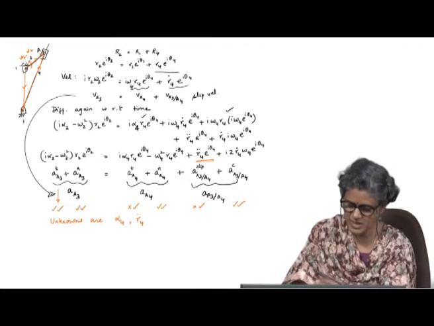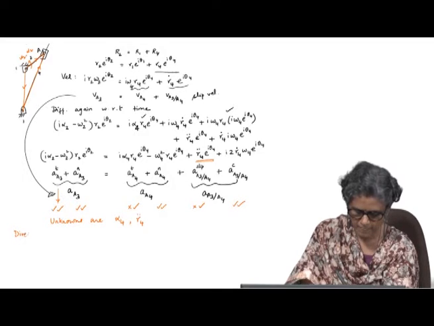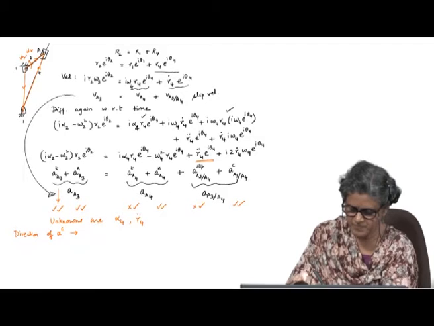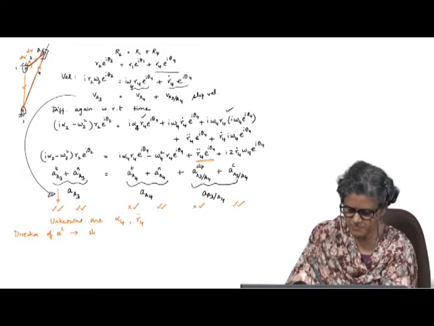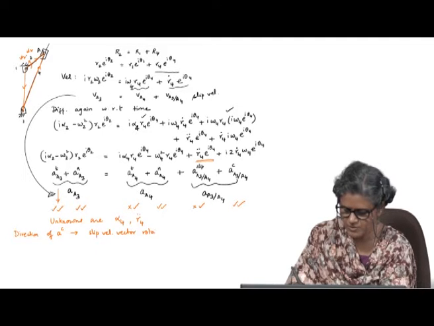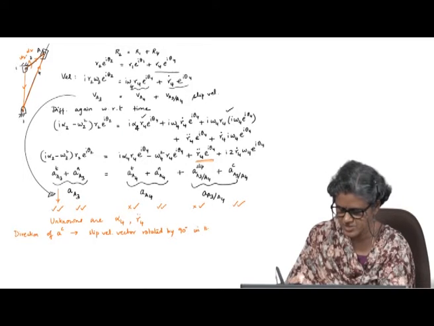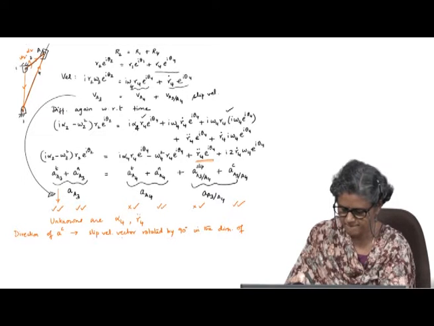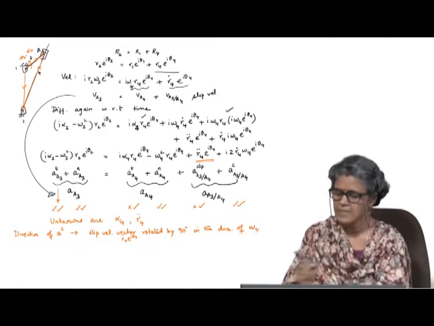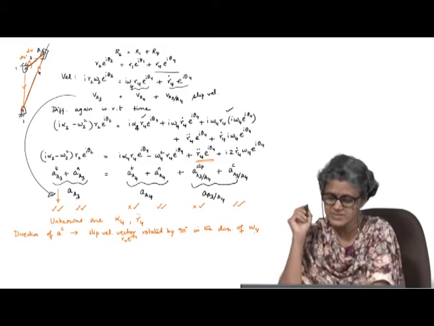So, the direction of the Coriolis acceleration will be given by the slip velocity vector rotated by 90 degrees in the direction of omega 4.